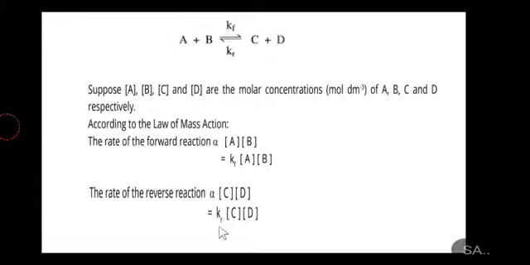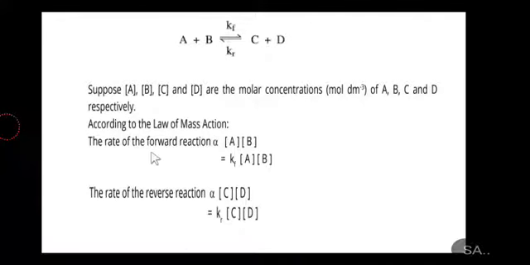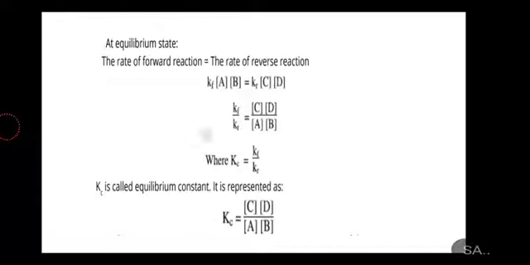You know that at equilibrium state, the rate of forward reaction is always equal to the rate of reverse reaction. Here you just found the rate of forward reaction and the rate of backward reaction. Now when we put it here, it is Kf multiplied by the molar concentration of A and the molar concentration of B, and the same goes with the rate of reverse reaction.